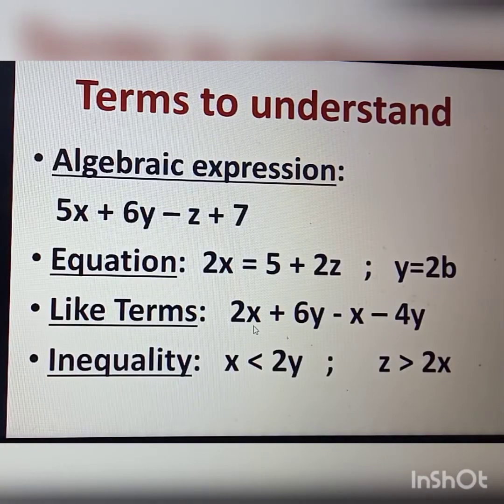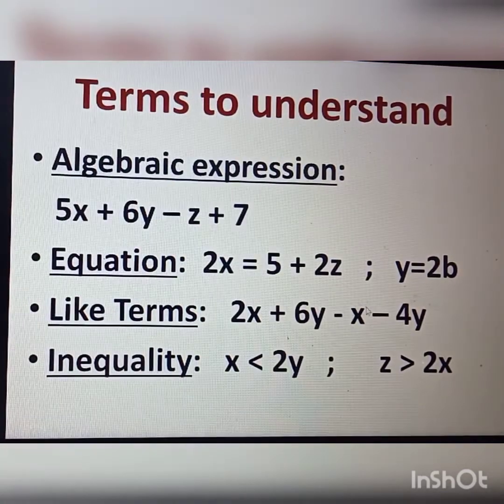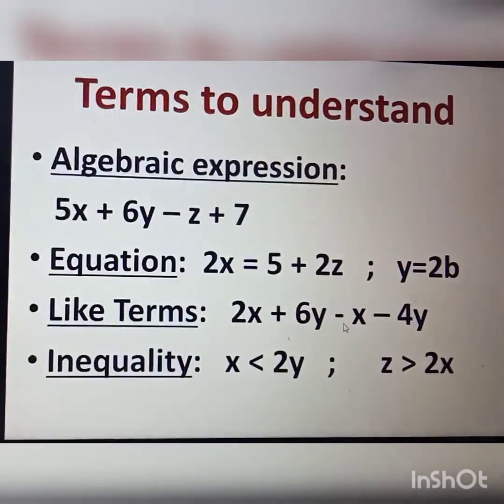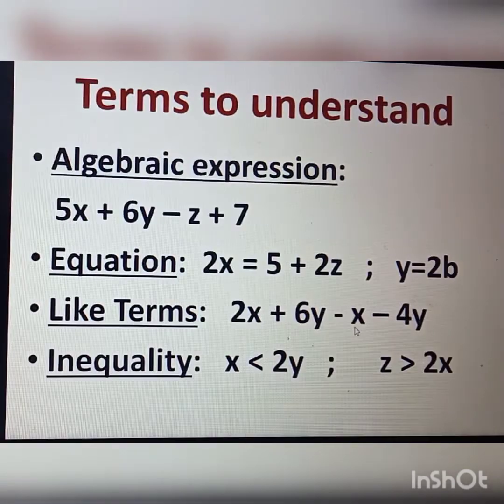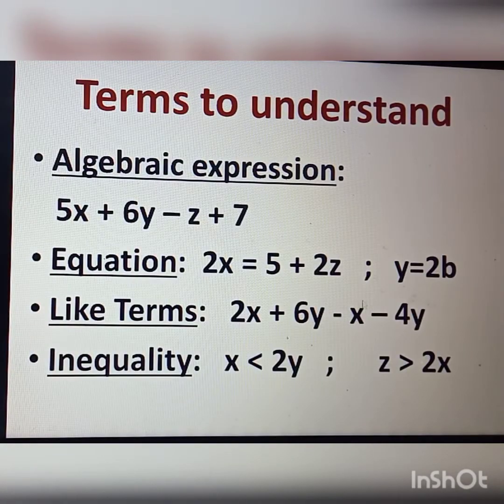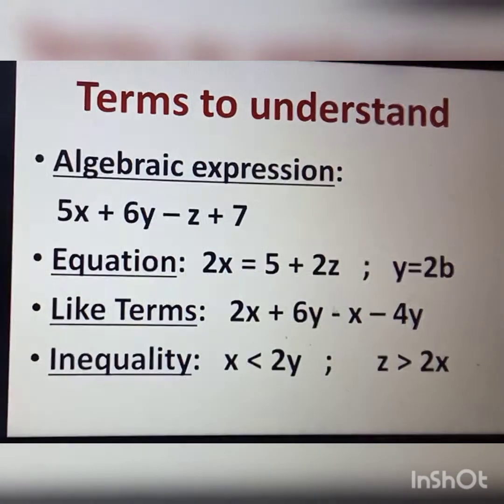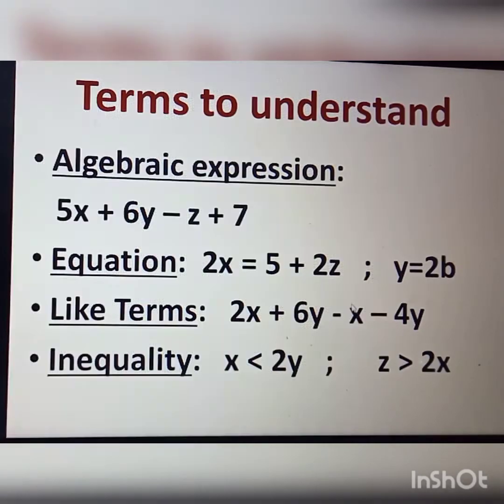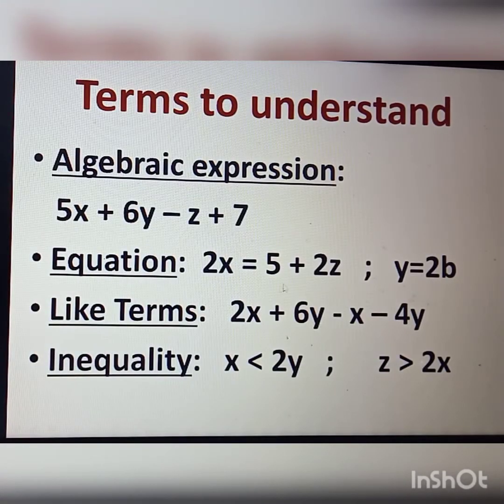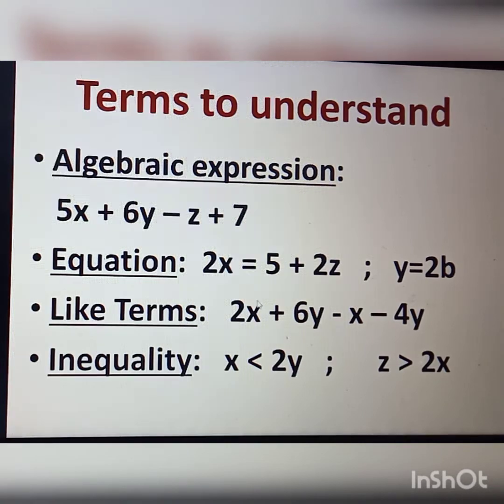Here you can see 2x is a term with the variable x. Then you look for another term which has the same variable. There is minus x, the next term which has the same variable. So 2x and minus x are both like terms.